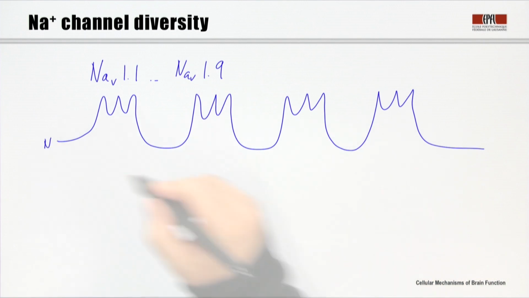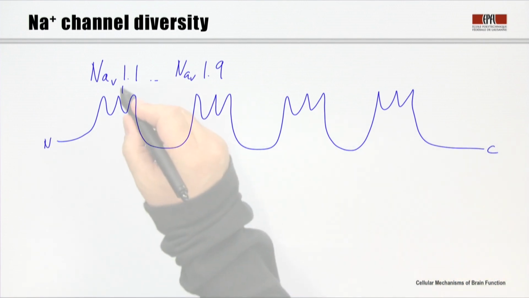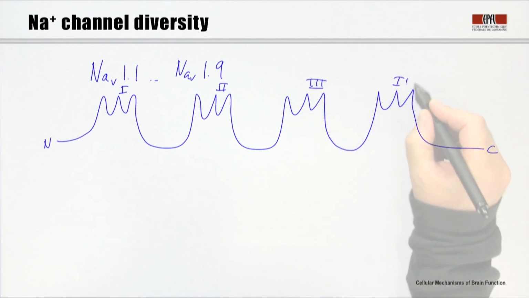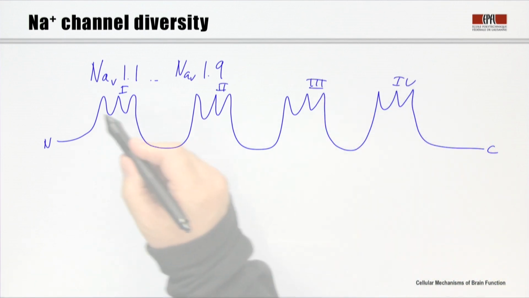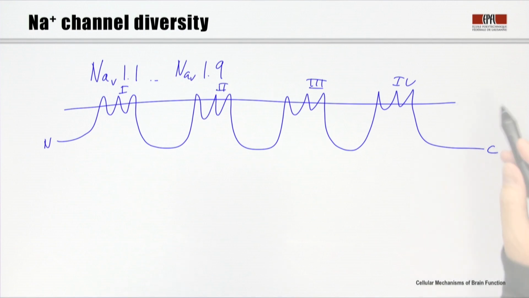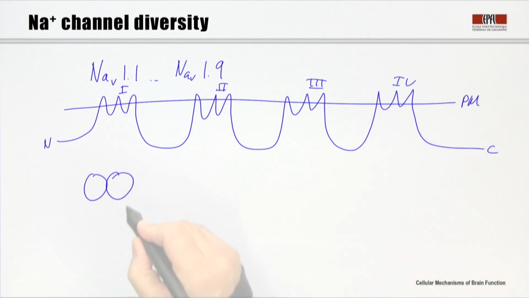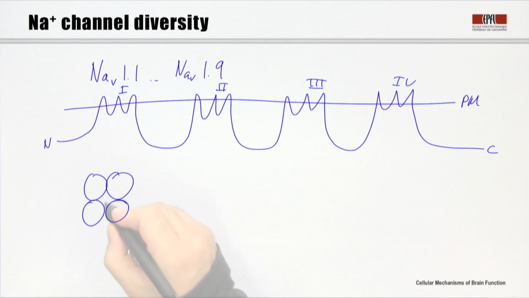So this would be the N-terminal, the C-terminal, and here's subunit 1, 2, 3, and 4. And these are then the transmembrane regions that will ultimately sit in the plasma membrane and will then form the 4 subunits of the ion channel, the center of which forms the ion-conducting channel pore.